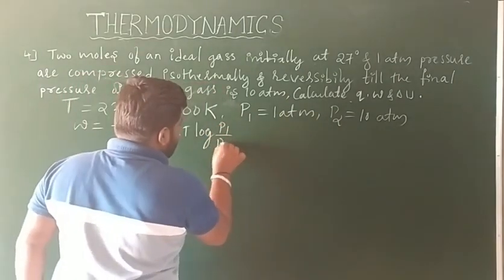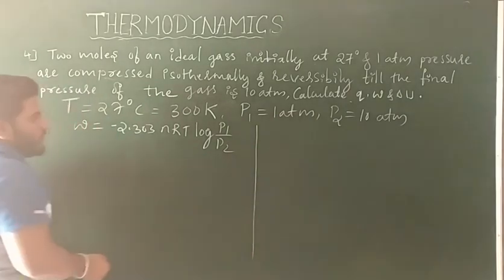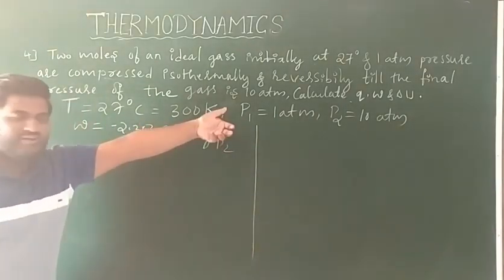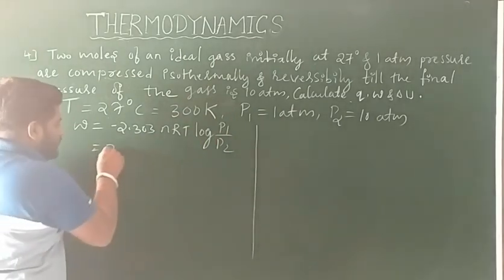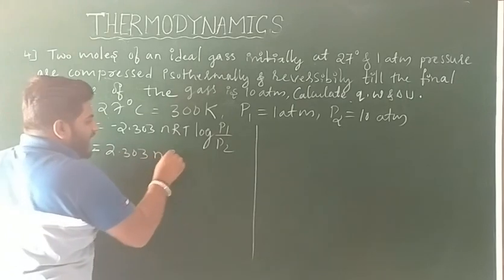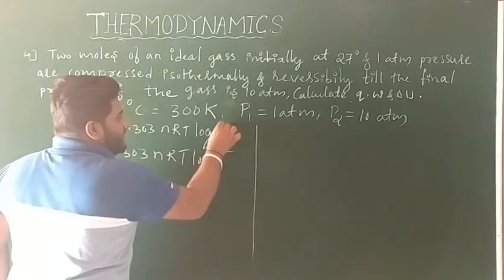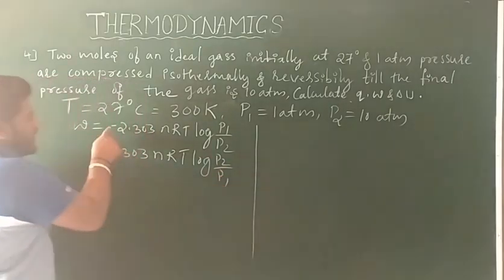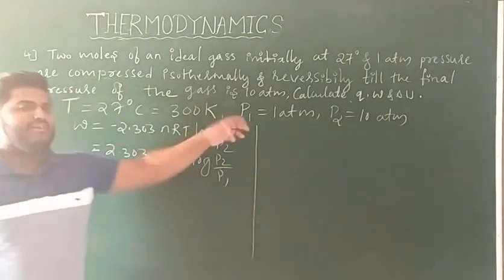Now, if you want to eliminate this minus sign, reverse the P1 by P2. So what are you getting? 2.303 nRT log P2 by P1, because to eliminate this minus sign, we have to reverse.